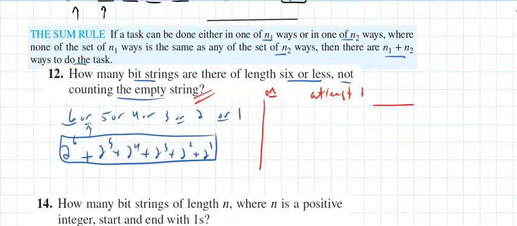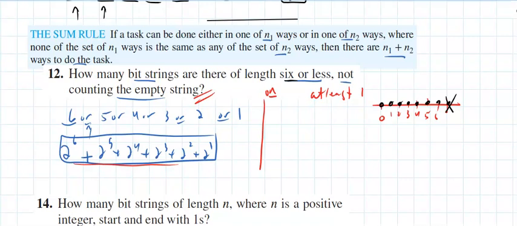Well, think about it. That's really what this is. At least 1. We could have none. We could have 1. We could have 2, 3, 4, 5, 6. These are all the possible outcomes, right? 6, all the way to 1, 0, 1, 2, 3, 4, 5, 6.